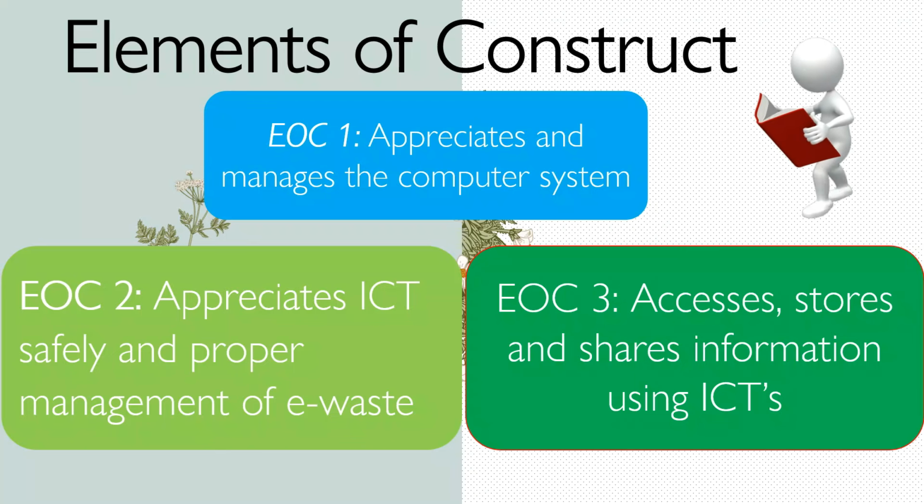Then section B, part 1, the questions are taken from the second element of construct, where the learner appreciates ICT's safety and proper management of e-waste. There are 2 questions, attempt 1. Then section B, part 2, is from the element of construct 3, where a learner accesses, stores, and shares information using ICT. There are 2 questions, attempt only 1.